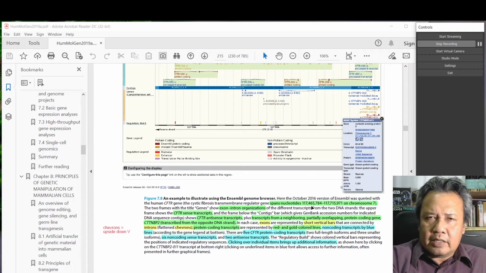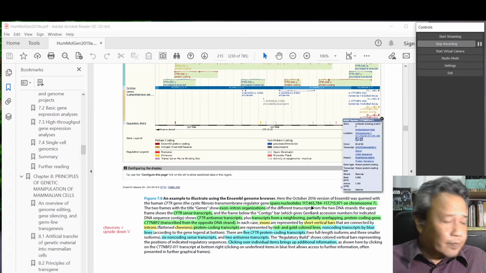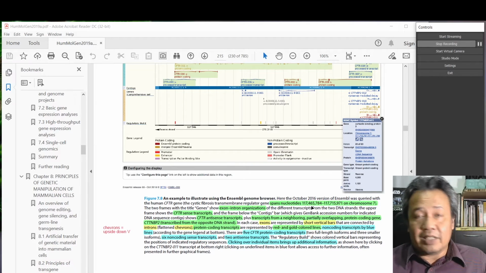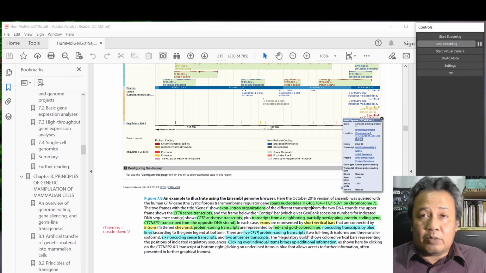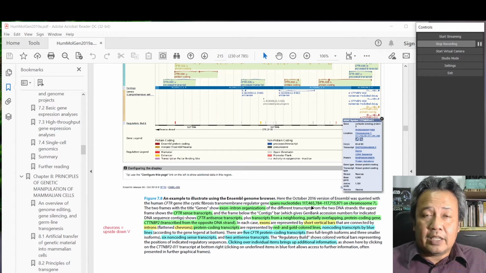When they start sequencing each chromosome, they number from one, and any particular segment runs from 1 to millions and so on. So this is the 117,465,784th base until 117,715,971 on chromosome 7. That is the position of the human CFTR gene.